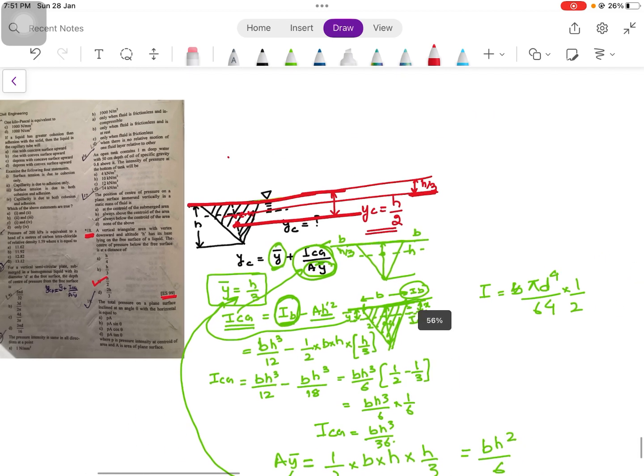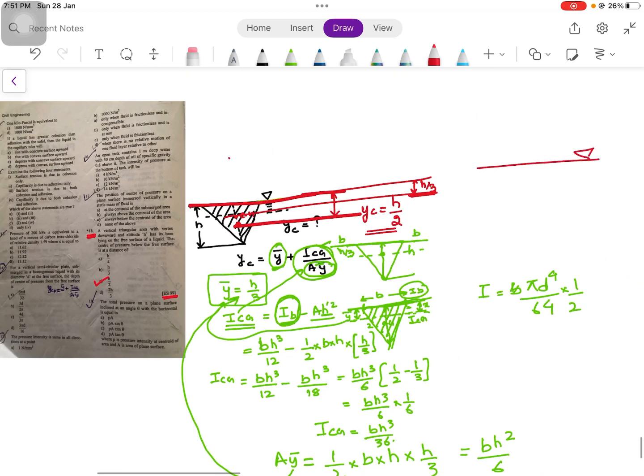So to conclude, we had a free surface, we had a liquid, and we had a triangle immersed in this free surface, and this triangle had an altitude of h.